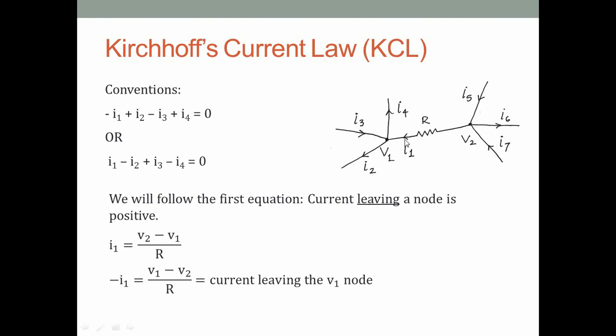If we say that the current leaving a node is positive, then the current entering a node is negative, then we'll say minus I1 plus I2 minus I3 plus I4 equal to 0. We could say the same thing by reversing the convention. If we say the current entering a node is positive, then we'll get I1 minus I2 plus I3 minus I4 equal to 0.